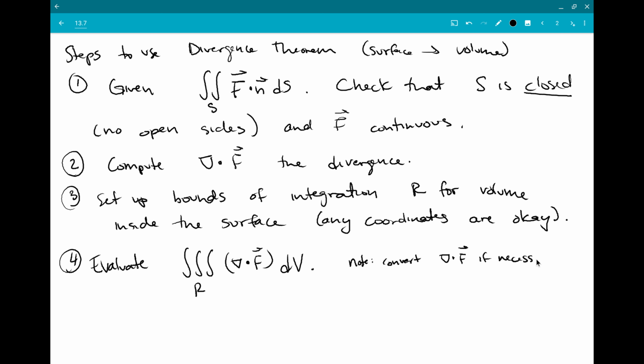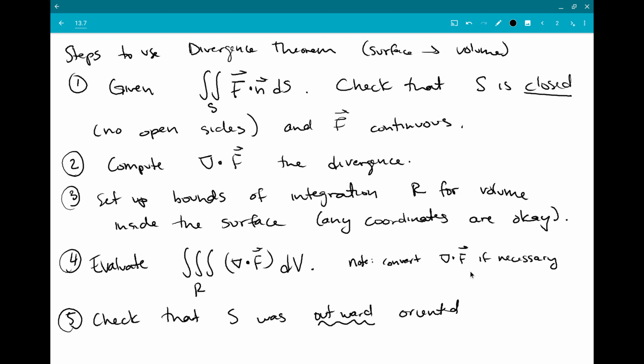If you picked anything that's not Cartesian coordinates, make sure to convert del dot F, this thing inside, before you start trying to integrate x's and y's with respect to rhos and thetas and whatnot. And then at the very end, check that your S was outward oriented.